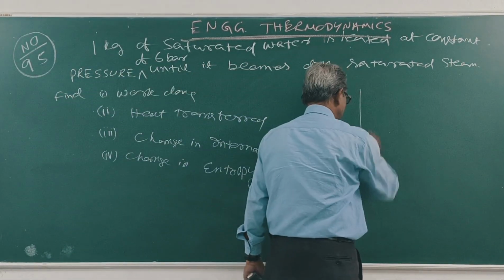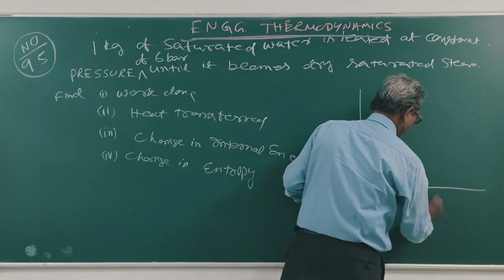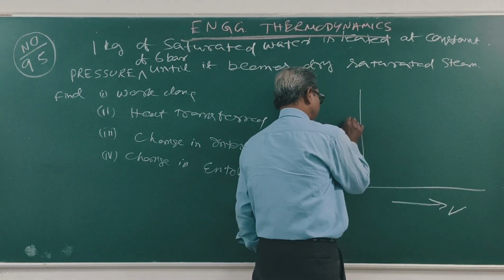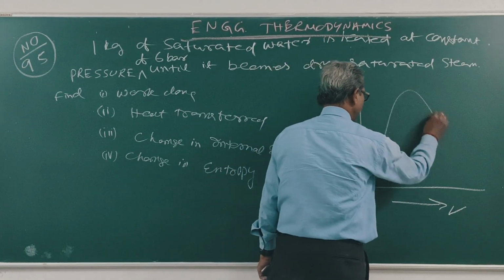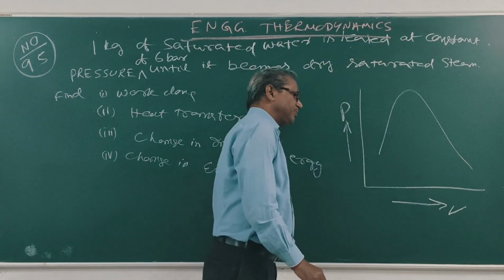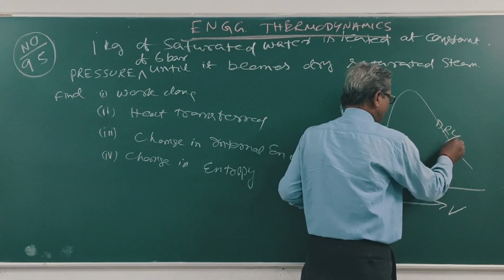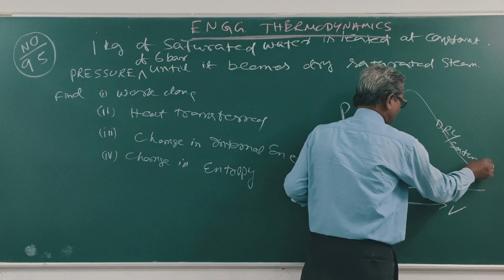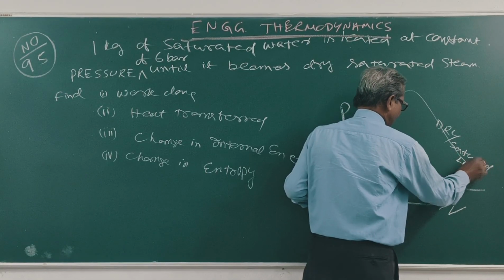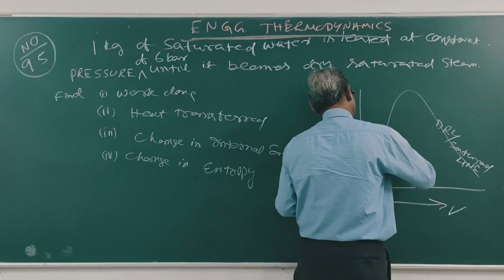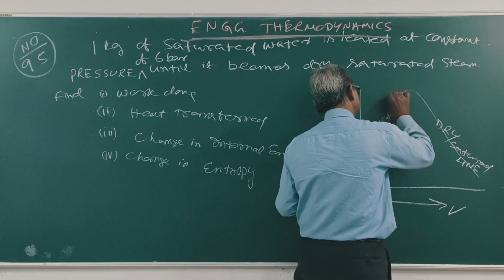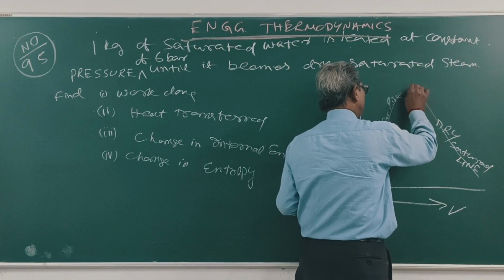This is volume, this is pressure P. This is the dry saturated line, and this is the water line. This is point C, the critical point.